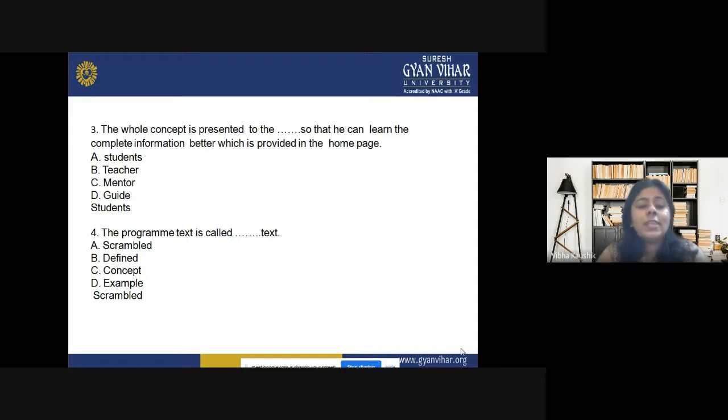So students, these are the options A, B, C, D. Now you have to select the correct one on the basis of the given choices, and the correct answer is option A, that is the program text is called scrambled text.